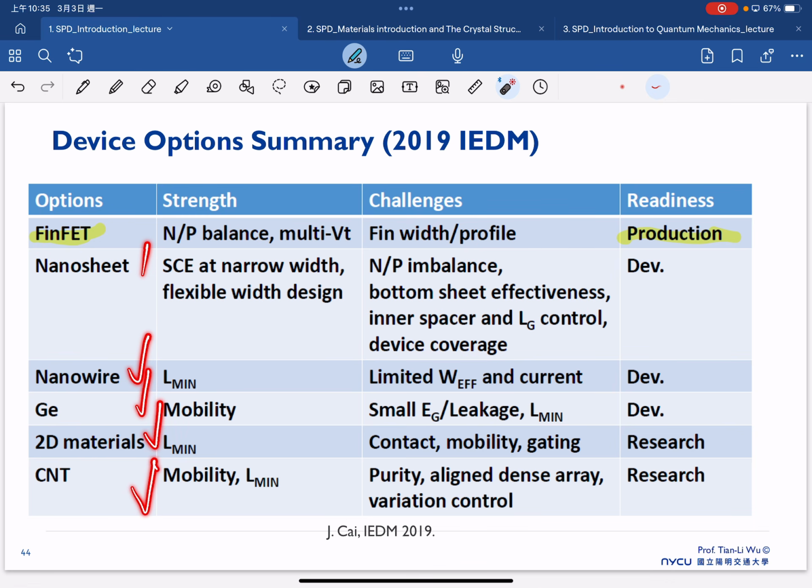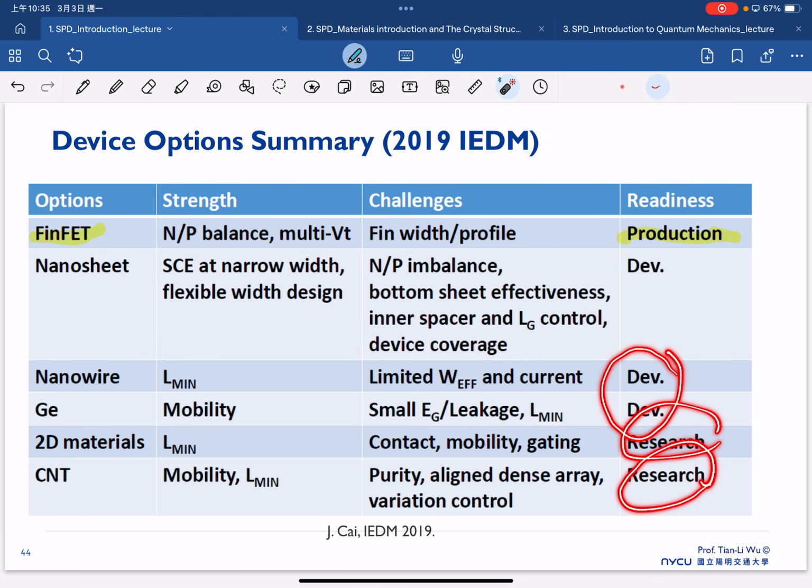If you really follow the semiconductor development history, probably for you it's the first time you heard about 2D or CNT. But if you follow IMEC, you will find that this is not a new thing anymore. Since 2019, it has already been in research and even in development.